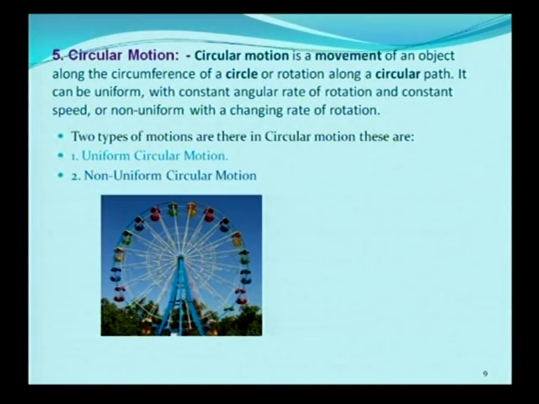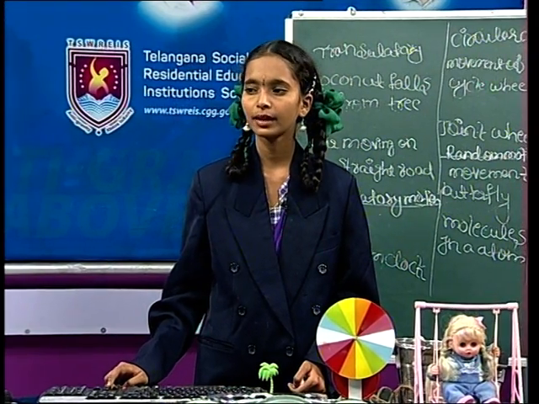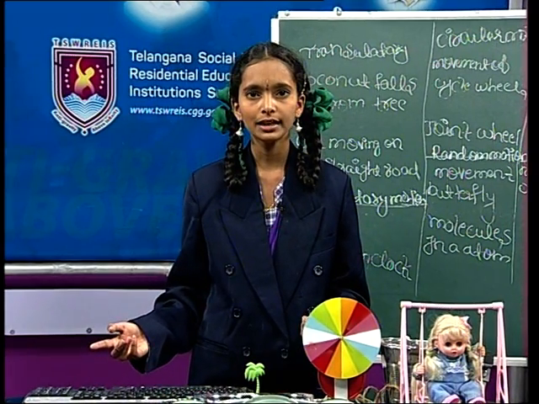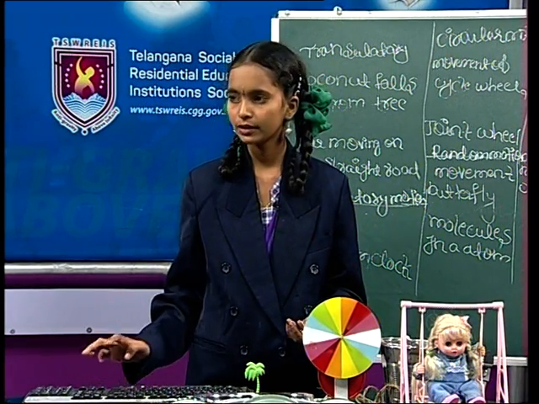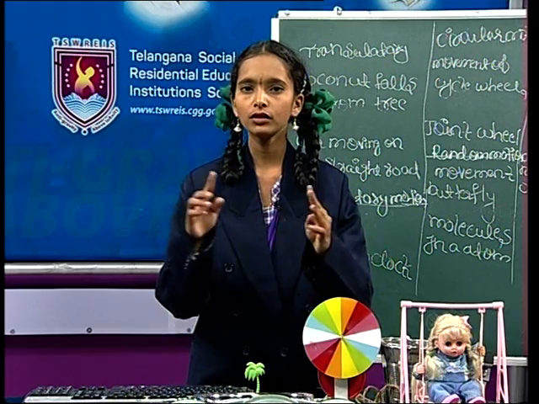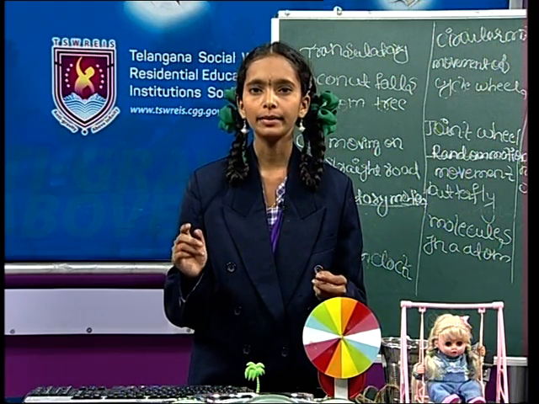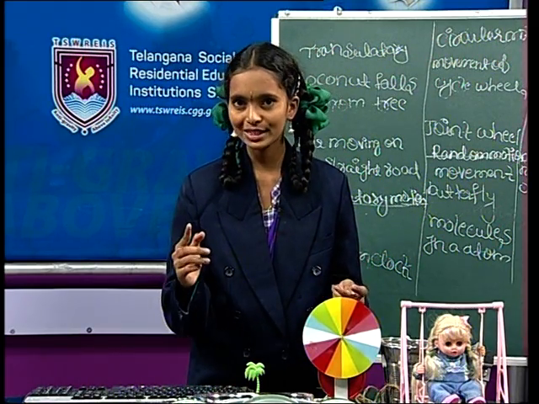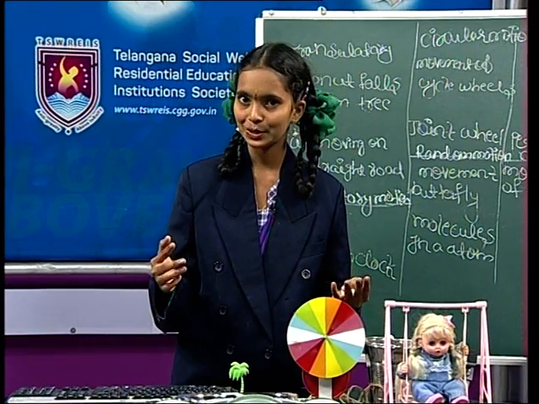So, circular motion is divided into two types. One is uniform circular motion and the next one is non-uniform circular motion. So, let us see what uniform circular motion is. Uniform circular motion means the object moves along the circumference of the circle with constant speed.